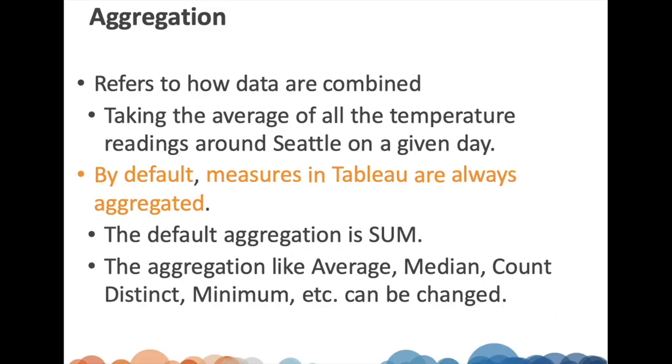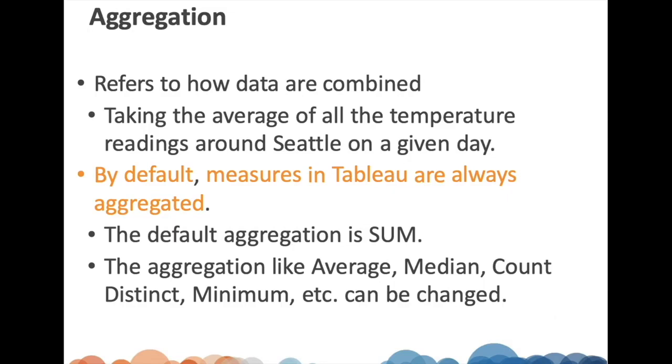By default, measures in Tableau are always aggregated. The default aggregation in Tableau is sum. And then we can change the aggregation to other things such as average, median, count, distinct, minimum, and so on.